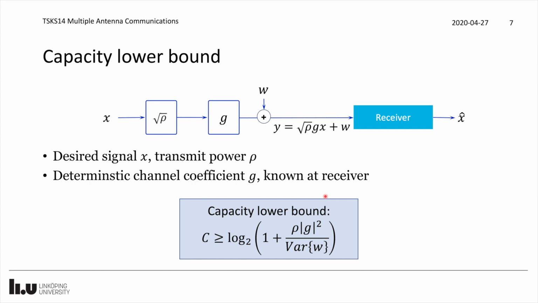But in general, W might not be Gaussian distributed, it might not only contain noise but also interference, it might even contain part of the desired signal x, but we can still use this bound here as long as we have a W term which is uncorrelated with x, and that is what we're going to do.